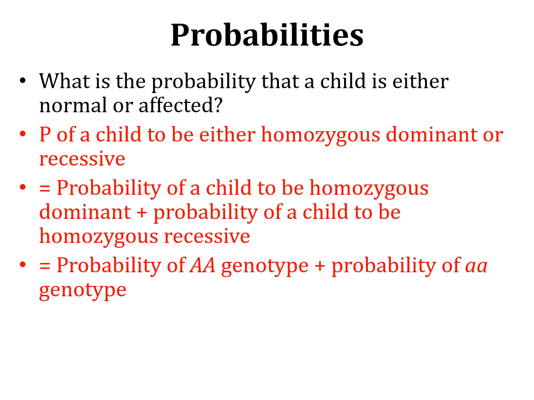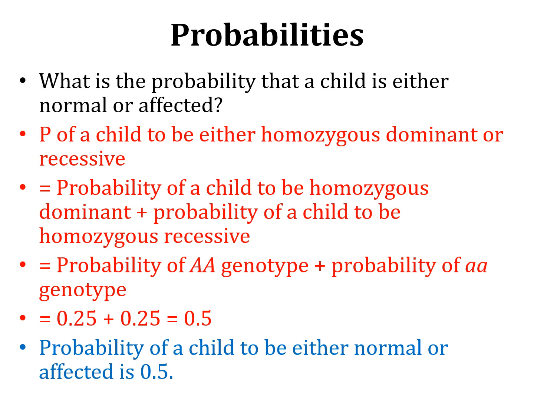So the probability for a child to be homozygous dominant is the probability of the homozygous dominant genotype, and probability of a child to be homozygous recessive is the probability of the homozygous recessive genotype. So what are these respective probabilities? This is 0.25 plus 0.25 equals 0.5. So the answer to this question is probability of a child to be either normal or affected is 0.5.